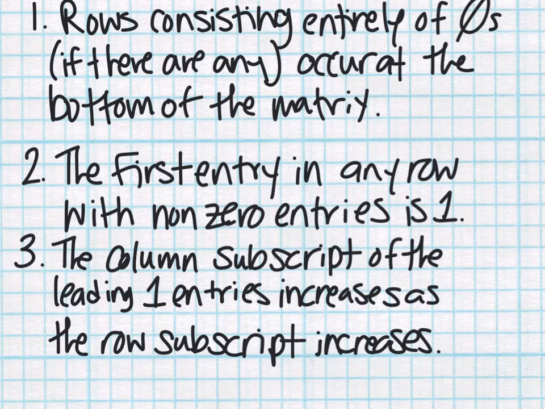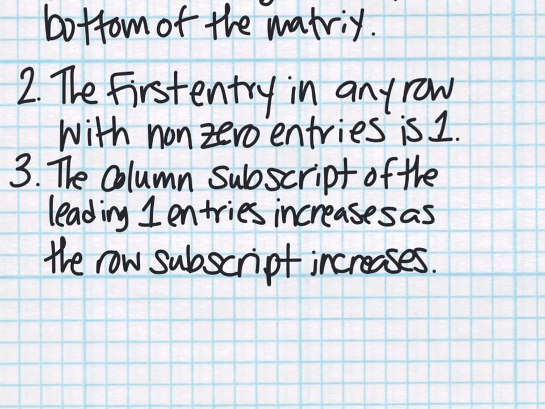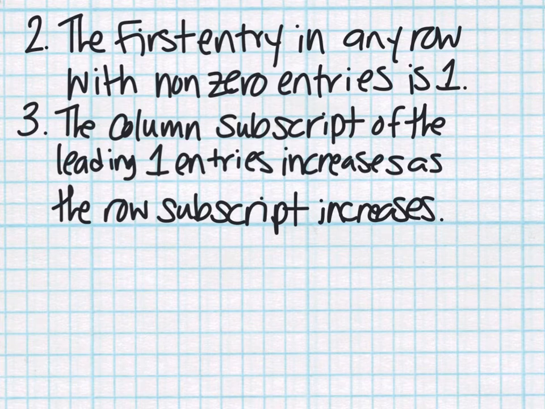Let's look at what that last part means, because that seems a little weird. So here is an example of a matrix in row echelon form. This is an augmented matrix.